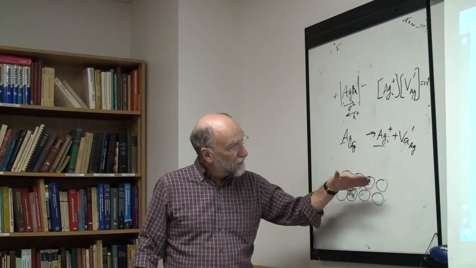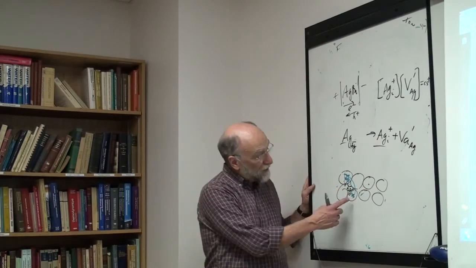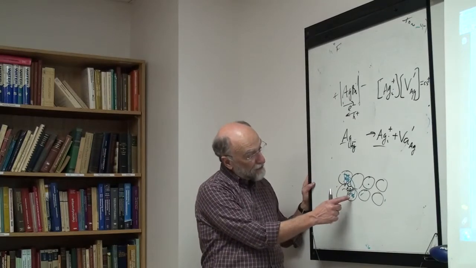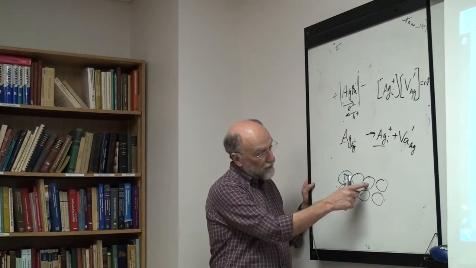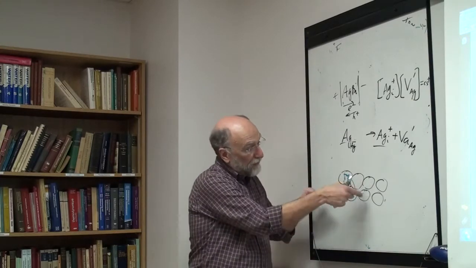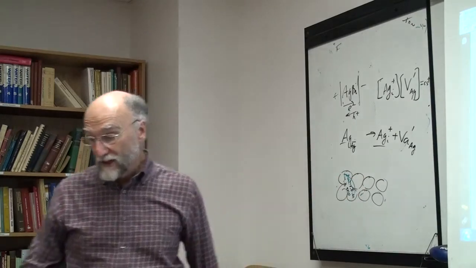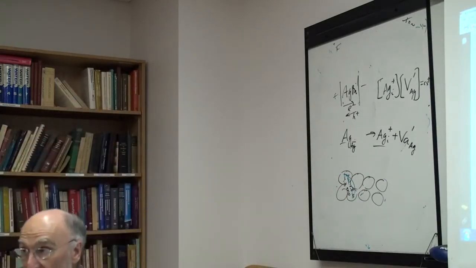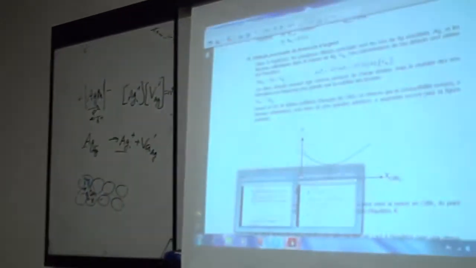They have to move themselves through the interstitial lattice. The vacancies, however, remember it isn't the vacancy that hops, it's the silver ion that pushes its way through over here, the vacancy moves here, the silver ion has to push its way through here, and the vacancy moves over here. The silver ion finds it harder to do this, so the mobility of the vacancies is less than the mobility of the silver ions, of the interstitials.